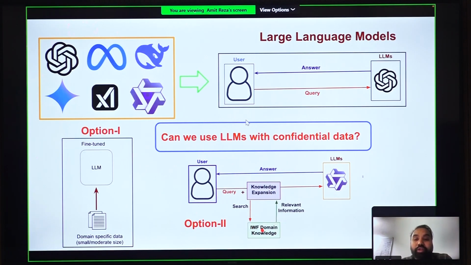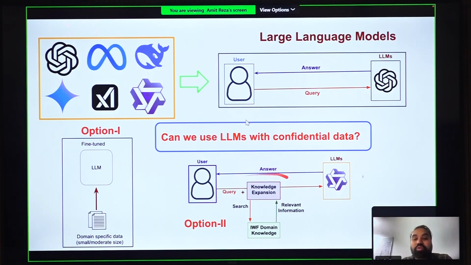Once you understand that context, you can retrieve that information and do the knowledge expansion. Basically, you have the query, and then you get some new information from your own database, and you pass that information as extra information to the model, and then the model can prepare a new answer with this knowledge expansion, and that could be your new answer.